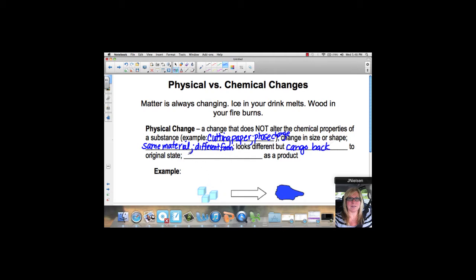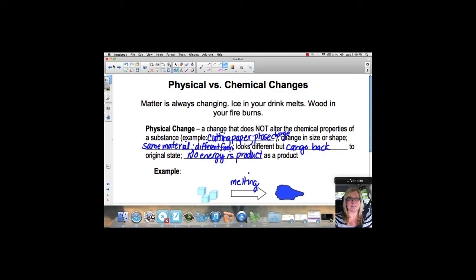And most important, no energy is produced as a product. So here we're showing ice going into water. This is a phase change, and it's called the process of melting, which I'm sure you're all familiar with. Cutting paper, I still have paper.